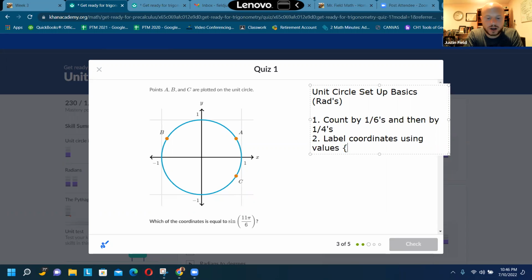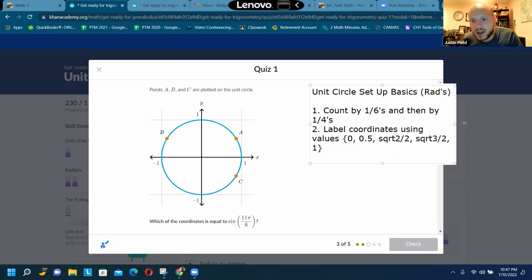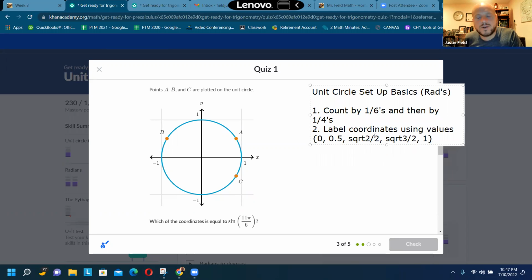The values are 0, 1/2, square root 2 over 2, square root 3 over 2, and 1. Those are the only values that we have on the unit circle, just those 5. And they go in that order.